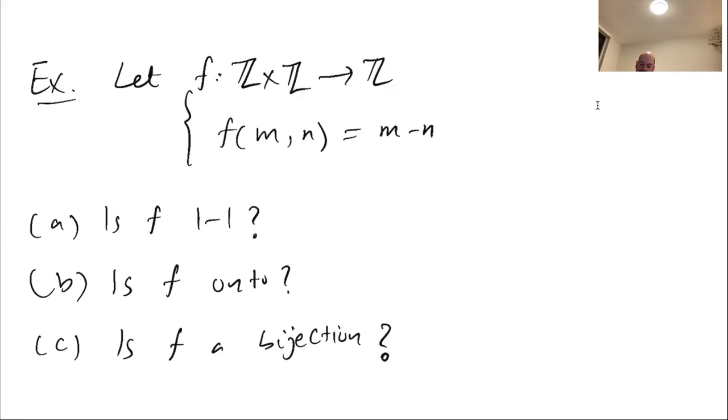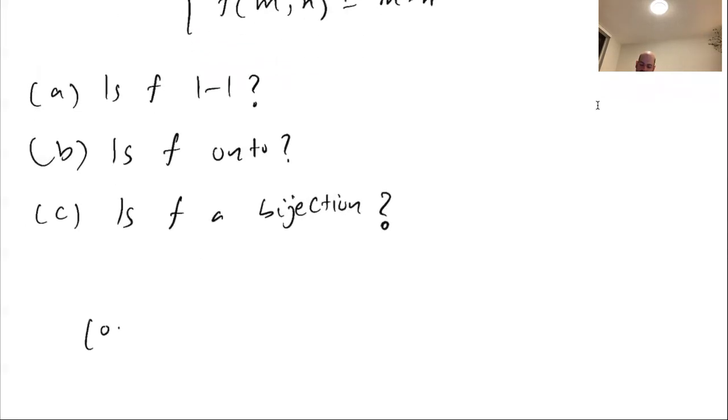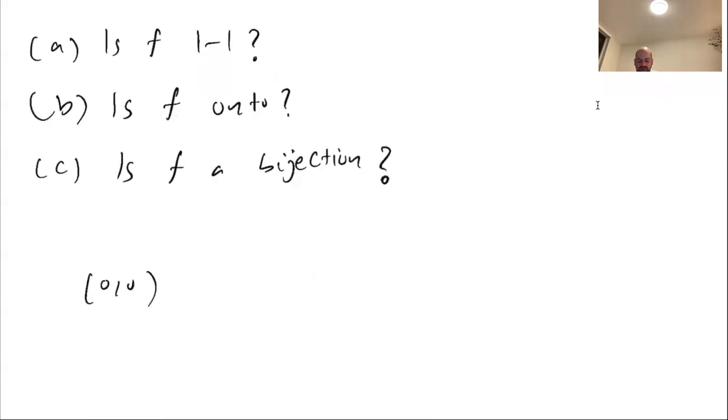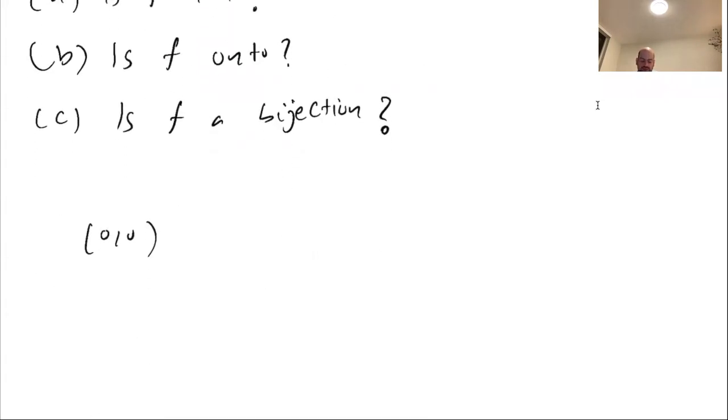So for example, (0, 0) is one of the elements in the domain, and how much is the output corresponding to (0, 0)? Well, according to the definition, f of (m, n) is simply m minus n. So if I want to find f of (0, 0), I just need to find 0 minus 0, and 0 minus 0 is 0.